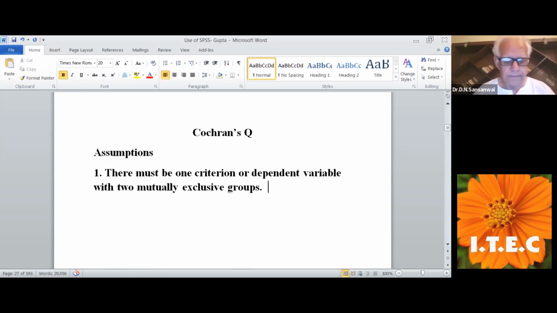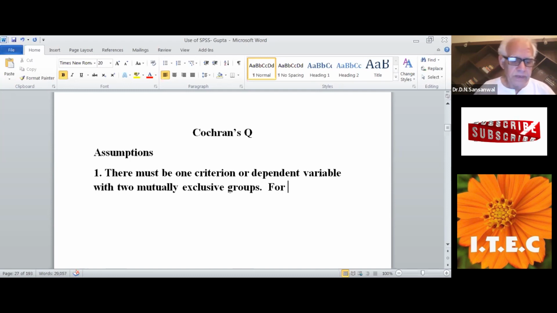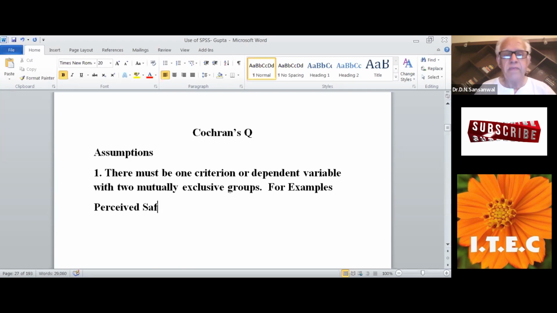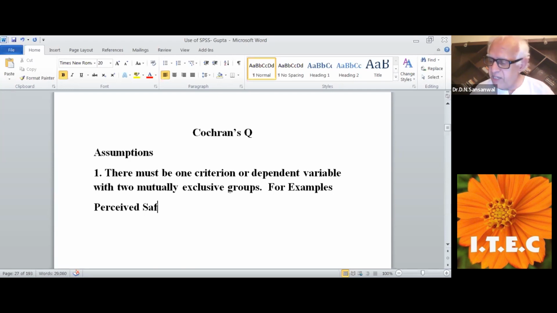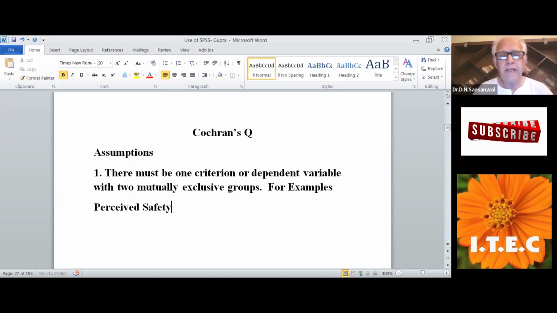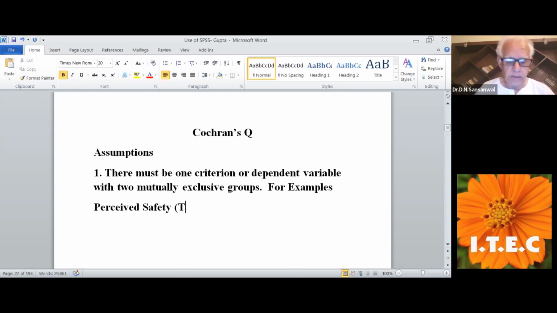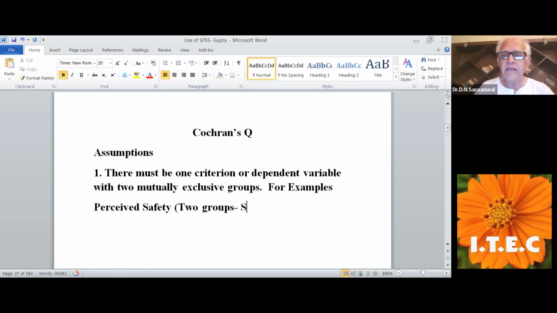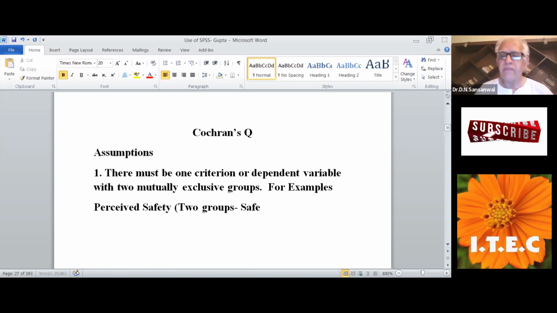For example, say perceived safety. If perceived safety is your variable, then you can have the two groups as safe and unsafe.